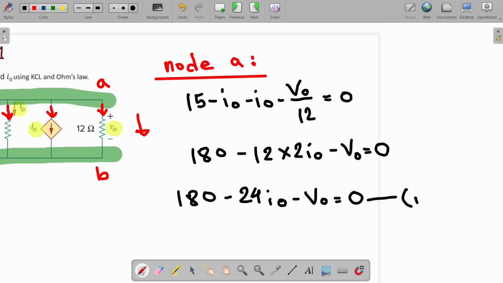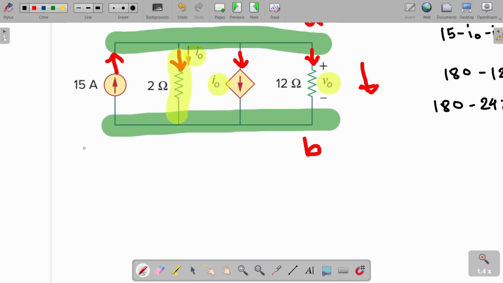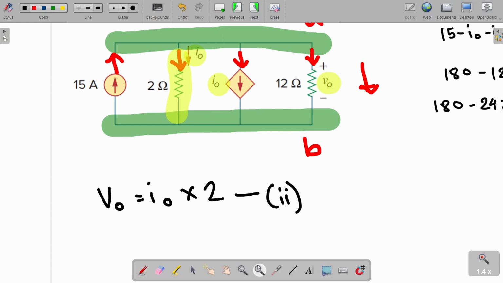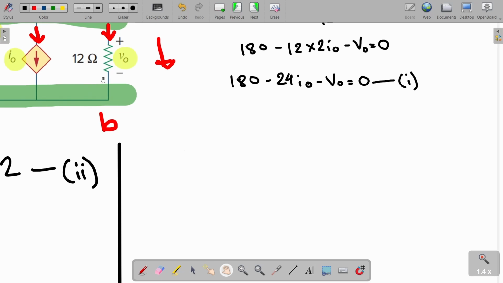Let's name this equation 1. Now look at this branch. We will find the voltage difference of this branch, which is simply V naught. Using Ohm's law, we can write V naught equals I naught into 2. Let's name this equation 2. We will put the value of V naught in equation 1.